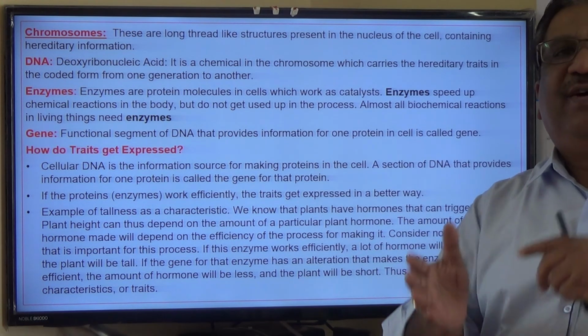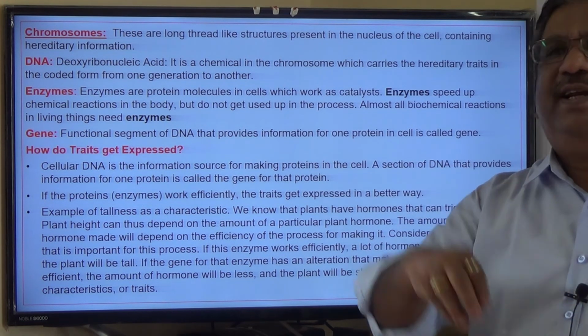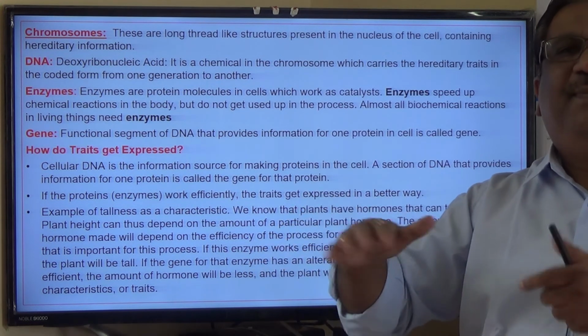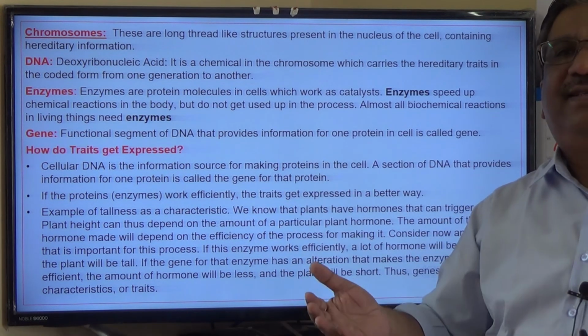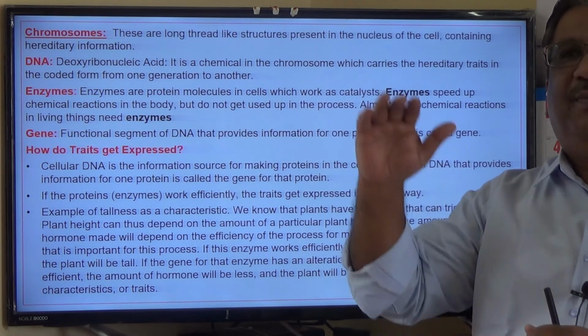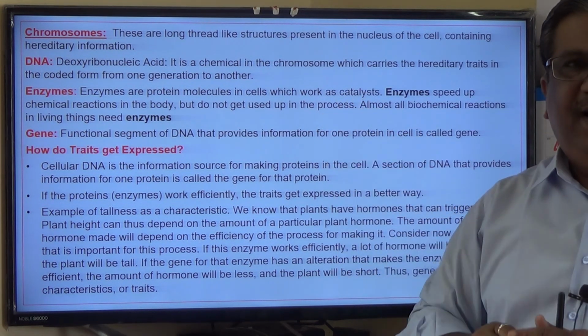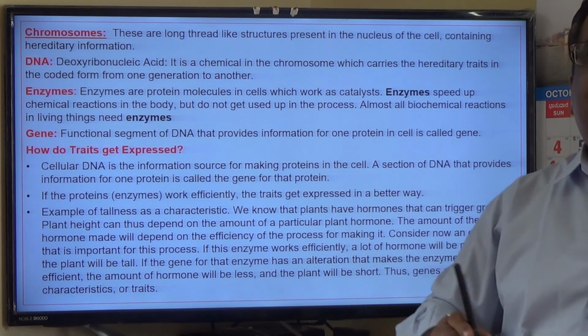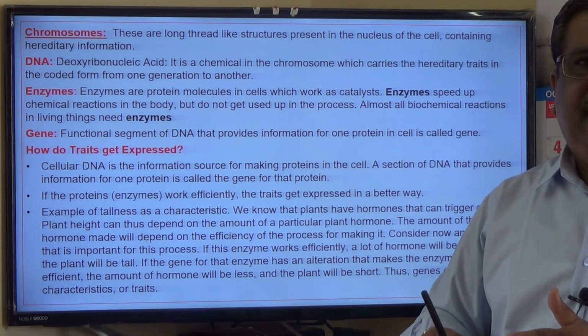Why is it so? Because the gene has such information that it reduces the efficiency of a particular enzyme. In that case, due to biochemical reactions, less hormone is secreted and the plant becomes a dwarf. So this is how genes control the traits.